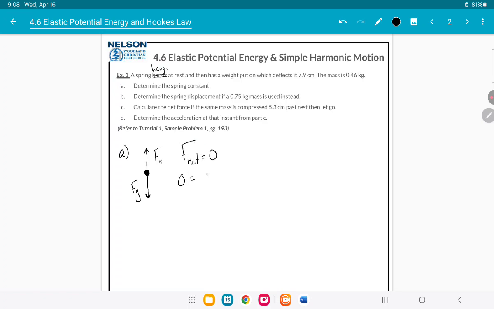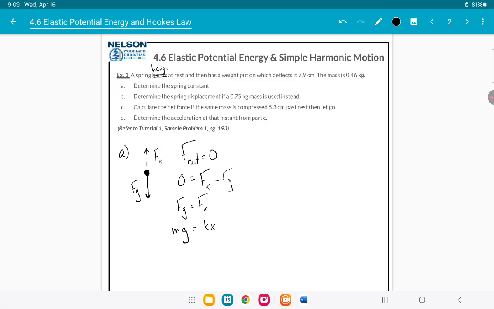And the sum of the forces will be the force of the spring minus the force of gravity. So we get Fg equals Fs, mass times gravity equals kx. Now you're going to say, I thought the formula was negative kx. Well, we just take the magnitude of the equation.